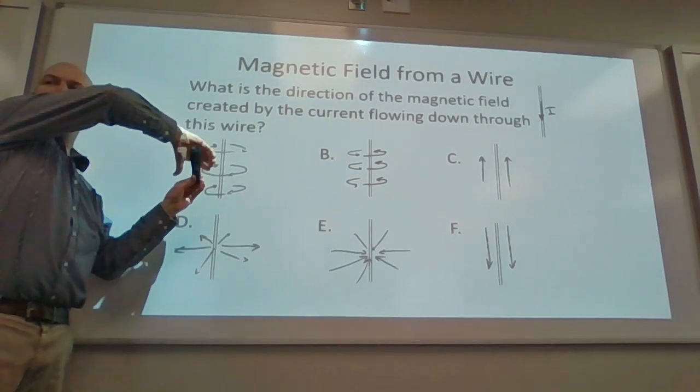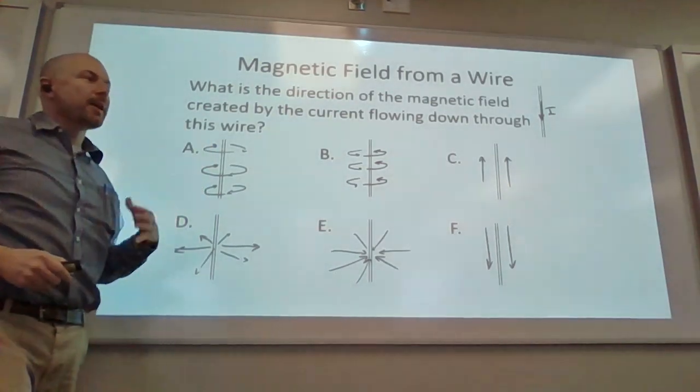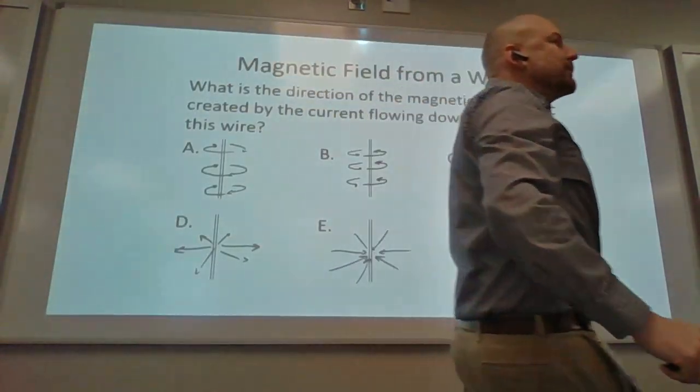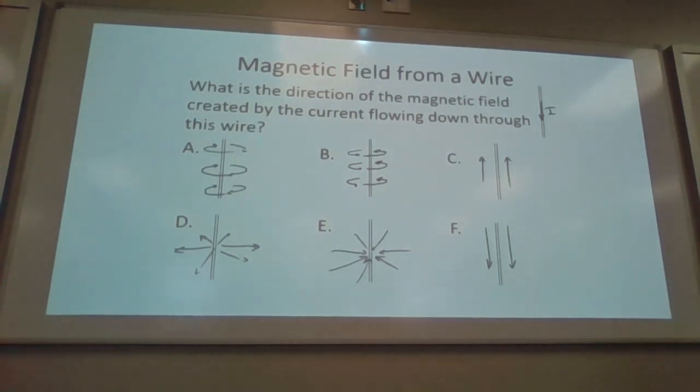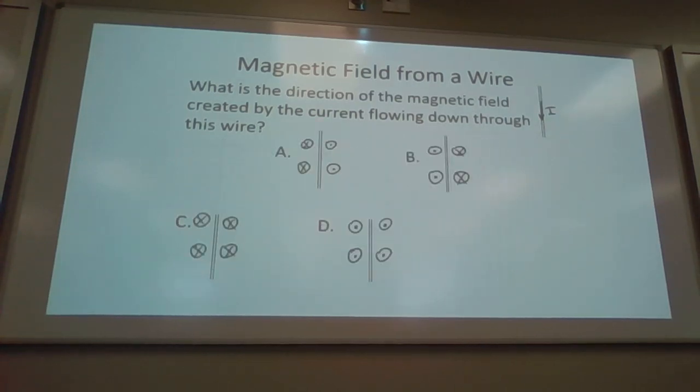It's going around like this. Now that's three-dimensional. You have to think three-dimensional. Most people don't like drawing like that. So what we've done is simplified it using X's and dots.